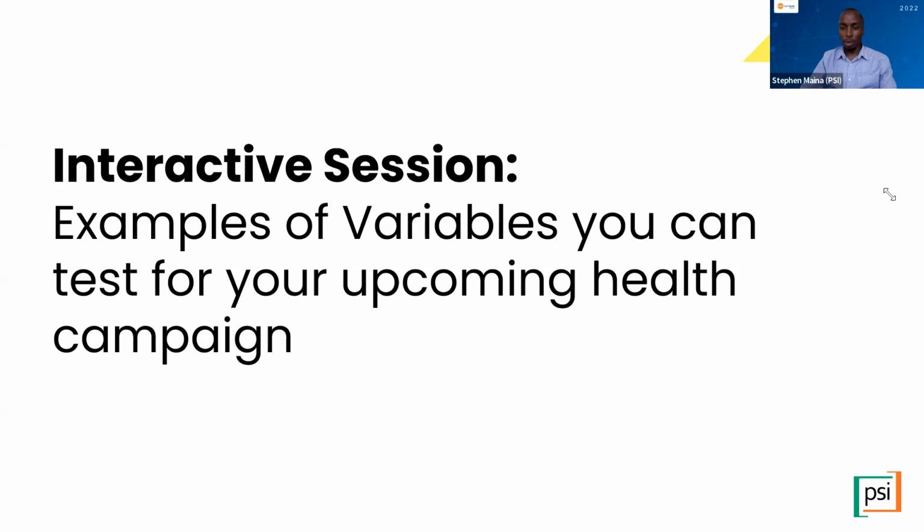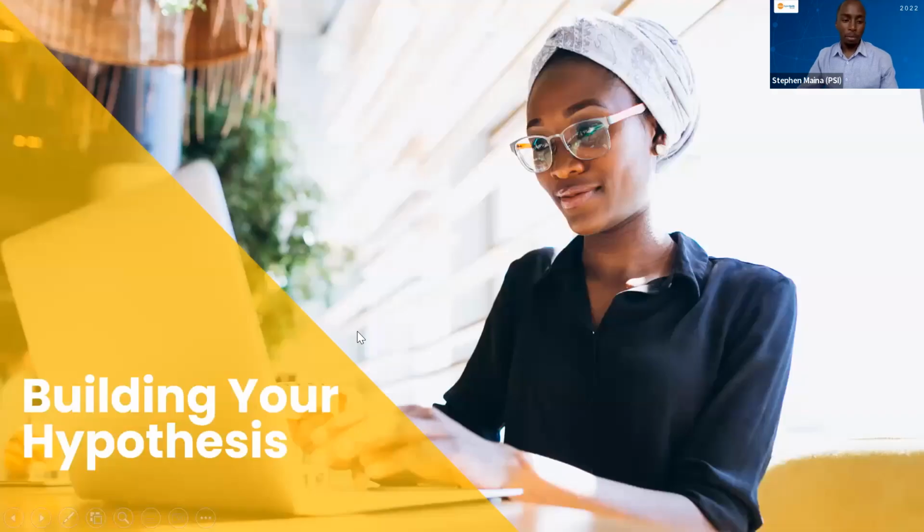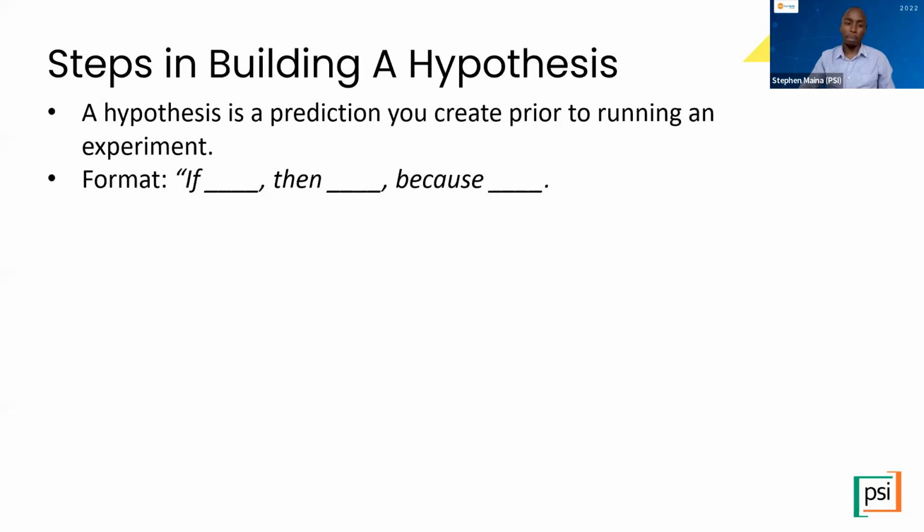Yeah, thank you, Penny. So we are going to build up from there. It all starts with building a hypothesis, right? What we've seen from how we've conducted our campaigns is that we start by building a hypothesis. And the hypothesis is nothing more than a prediction of what you anticipate prior to running an experiment.